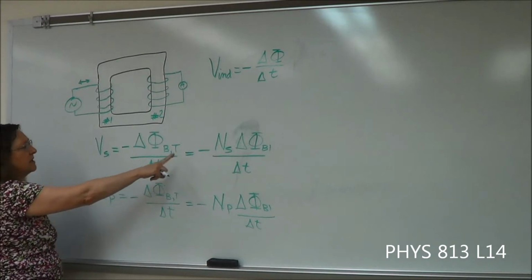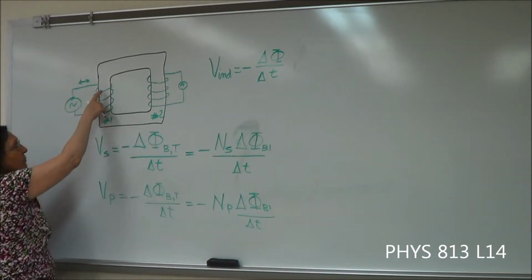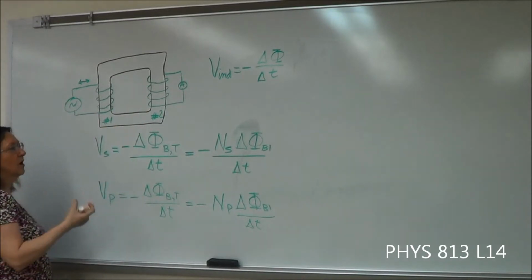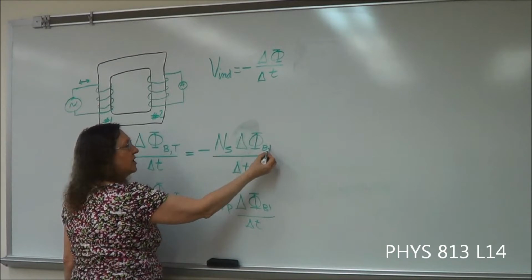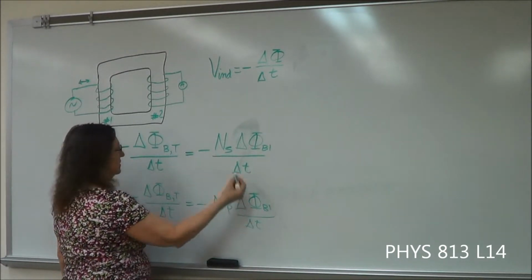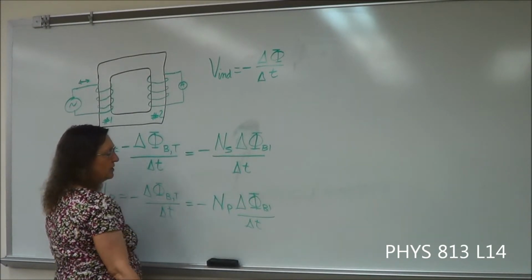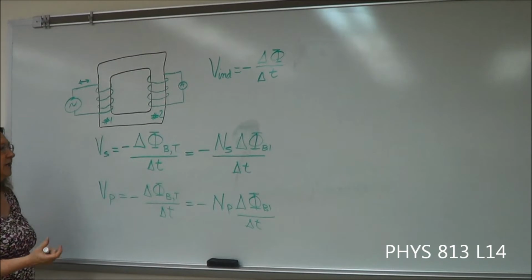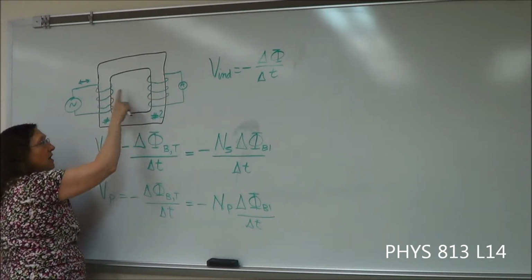Now, in doing this, we were assuming that both sides of the transformer are the same size, so that the change in flux for one loop on the secondary side is the same as the change in flux for one loop on the primary side. If you look at any transformers, they really are about the same size on both sides.